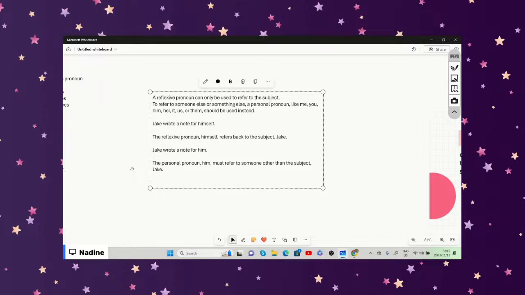That is where the her, him, them comes in. Our personal pronouns, like I said, are me, you, him, her, it, us, or them. So personal pronouns should be used instead of a reflexive pronoun.